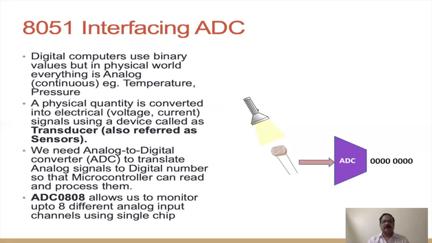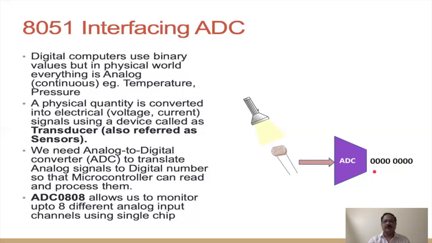Here you can see in the figure that the analog input from the sensor is used as an input to the A to D converter, and then we get the digital output in this way. So that is the basic concept of this A to D converter.